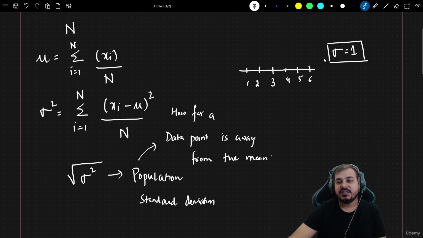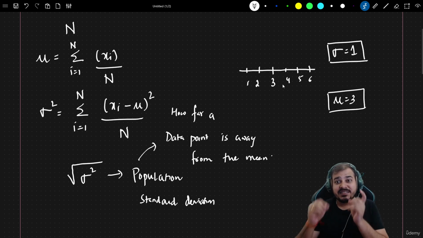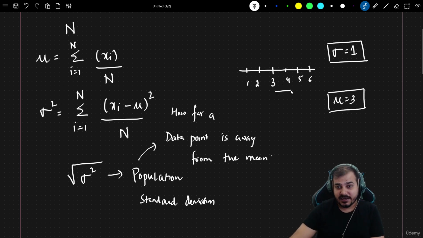If my standard deviation is 1, and I want to find out how far a data point 4 is away from the mean, suppose in this scenario my mean is 3. Then I will say that 4 is 1 standard deviation to the right. If I ask about a data point 2, how far away it is from the mean, I'll say 2 is 1 standard deviation to the left of the mean.